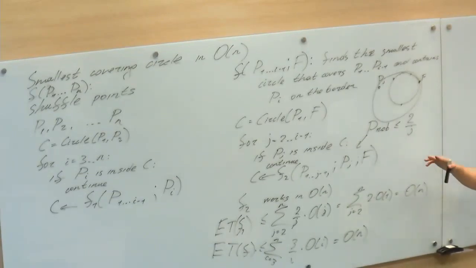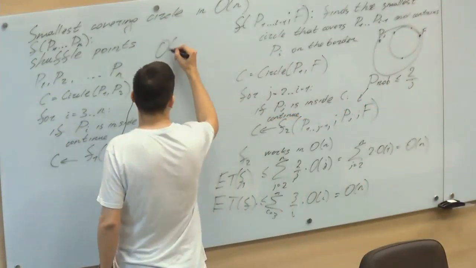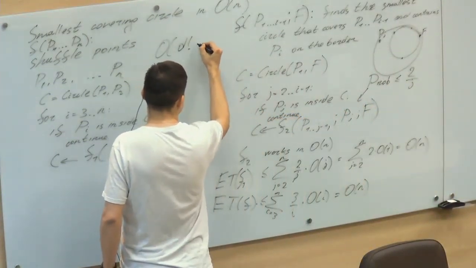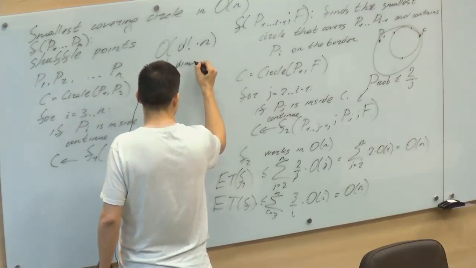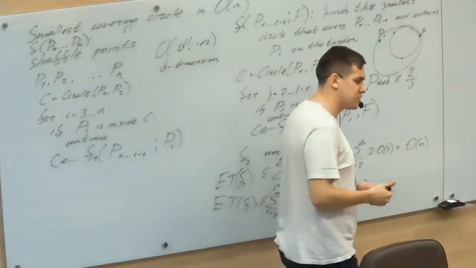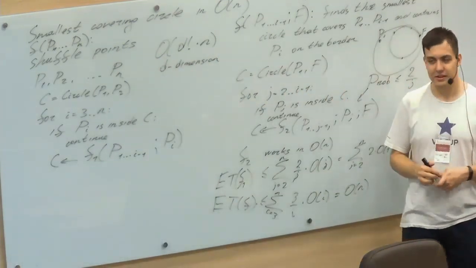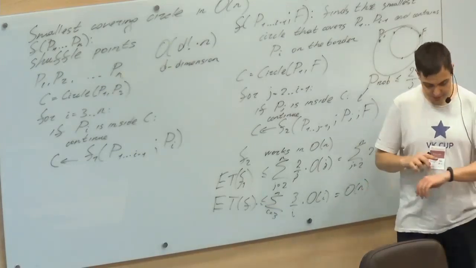But if d is a parameter, this algorithm will now work in d factorial times n, where d is the dimension. So it doesn't work well for high dimensions, but still can be generalized.